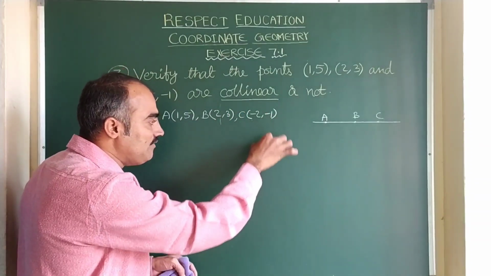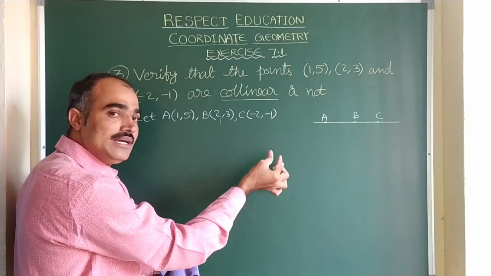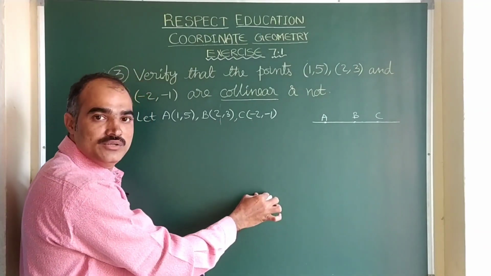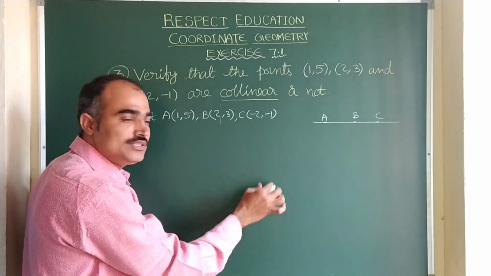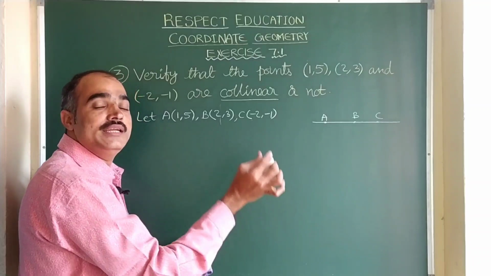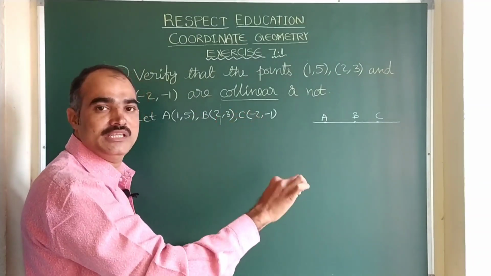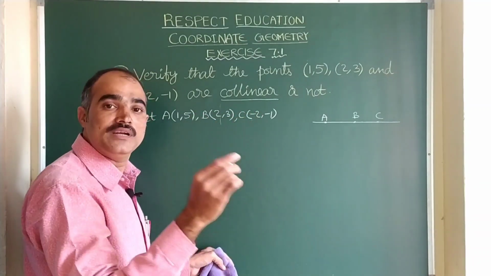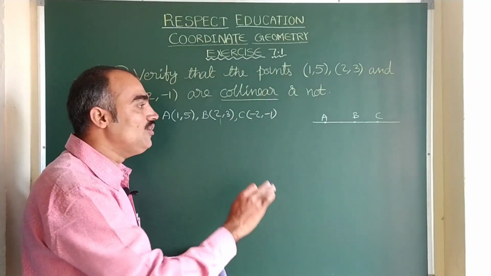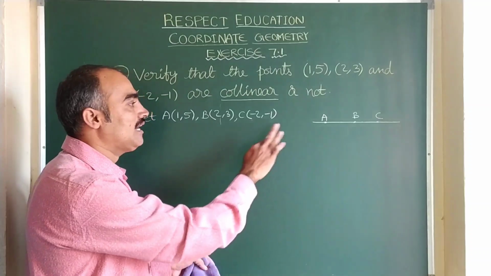Out of these 3 values, if you add the first 2, you should get the third value. If you add 1 and 3, you should get the second value. If you add 2 and 3, you should get the first value. If any one of these 3 cases comes, then we can say A, B and C are collinear. If we do not get any of the cases, we can say they are not collinear.